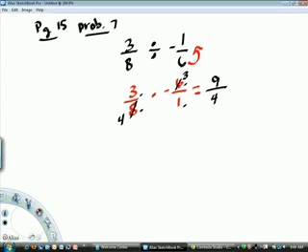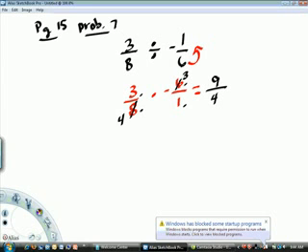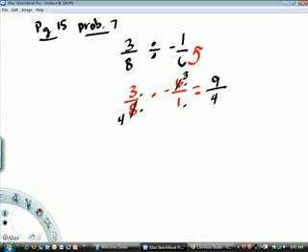If the number on the top is larger than the bottom number, what you'll need to do is divide, right? A fraction is a division problem, right?